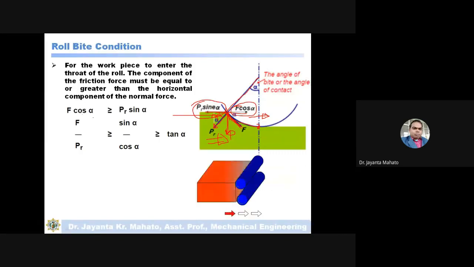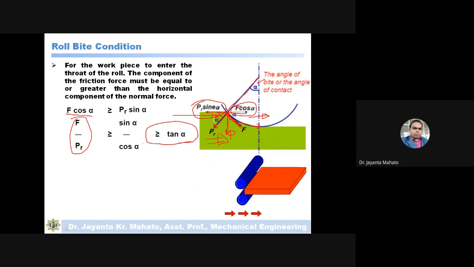So F cos alpha should be greater than or equal to PR sin alpha, so F divided by PR should be greater than or equal to sin alpha divided by cos alpha, which is tan alpha. So the ratio of the frictional force to the radial rolling pressure should be more than tan alpha.